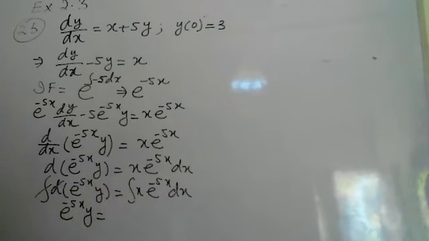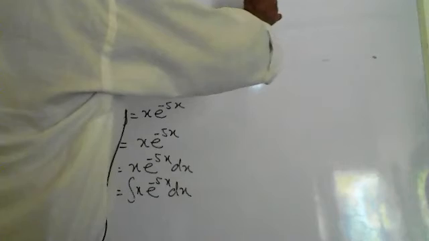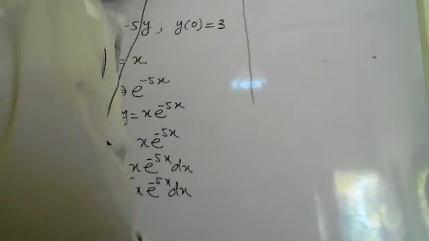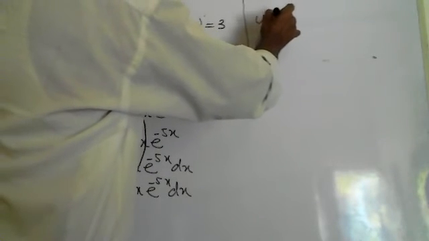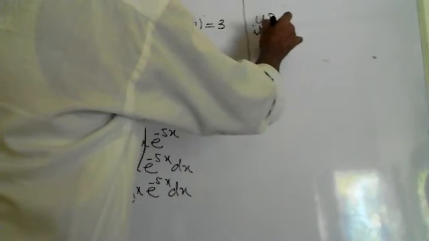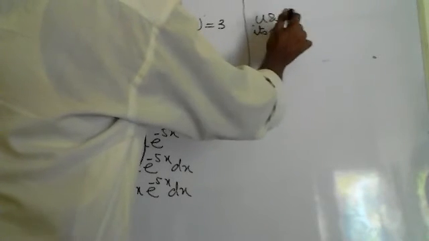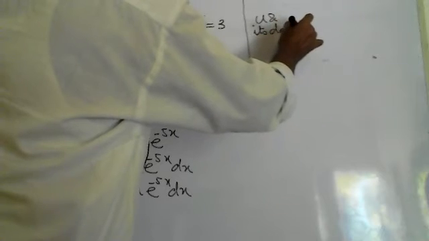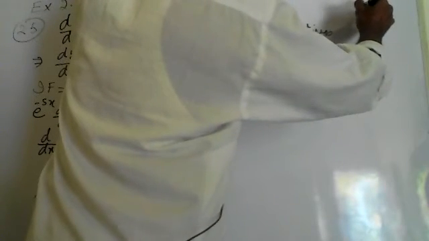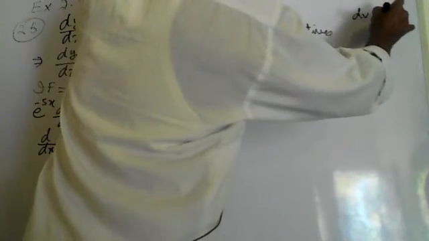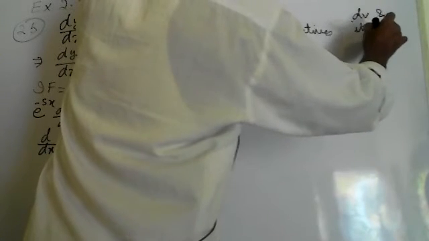So this will be considered as u. We will do it by the method of tabular form: u and its derivatives, and dv and its integral.